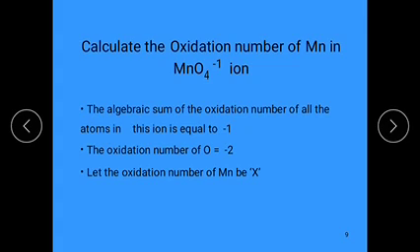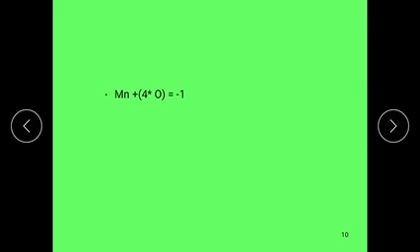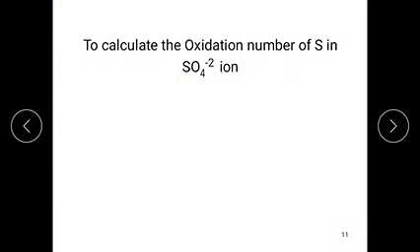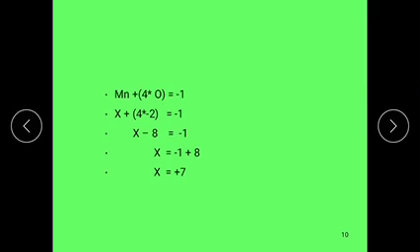Then manganese plus 4 into oxygen equals the charge, according to the concept. So x plus 4 into -2 equals -1, then x minus 8 equals -1, then x equals -1 plus 8, so x equals +7. Therefore, the manganese oxidation number in this permanganate ion is +7.